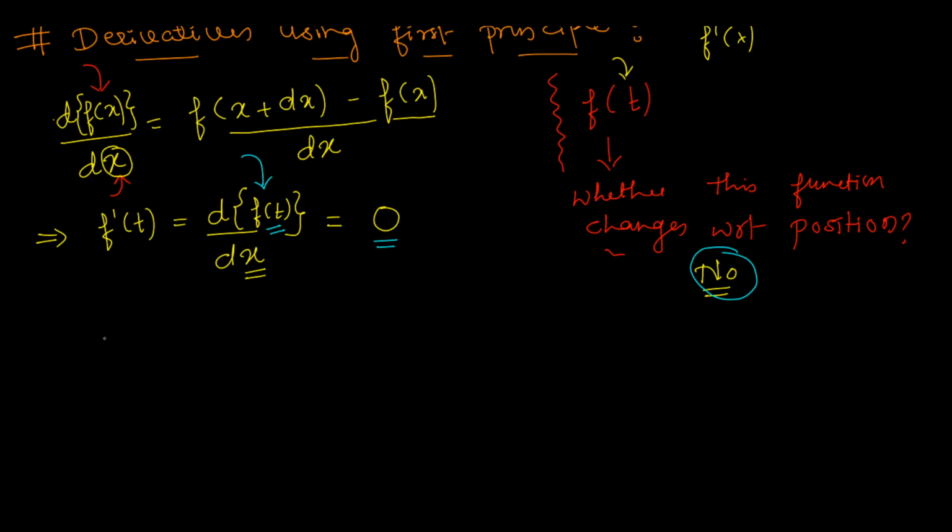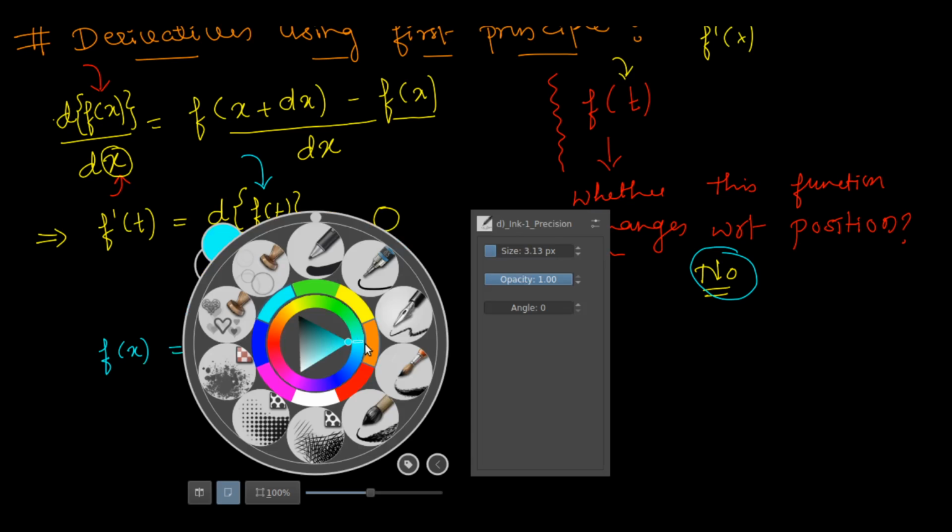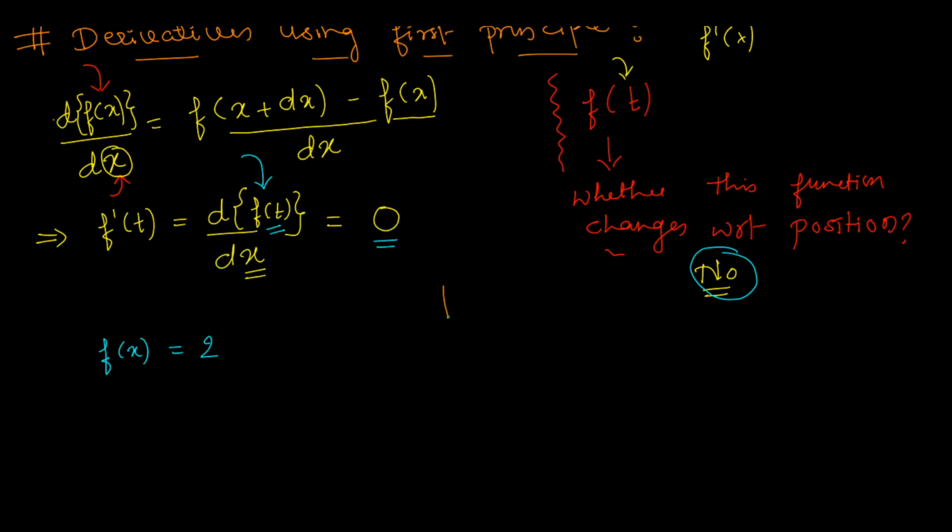For example, let's say I have a function which looks like this. Let's say f of x is 2. Now is that really a function? If you look at it, it actually is.